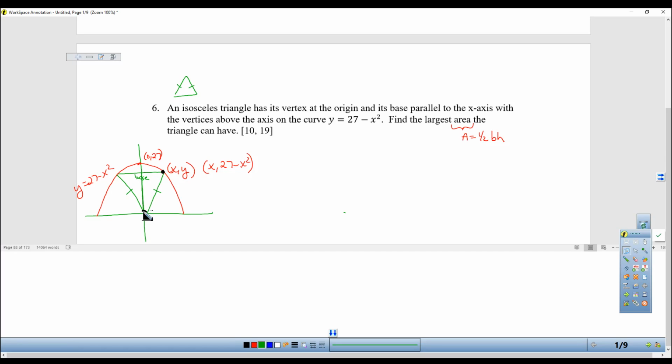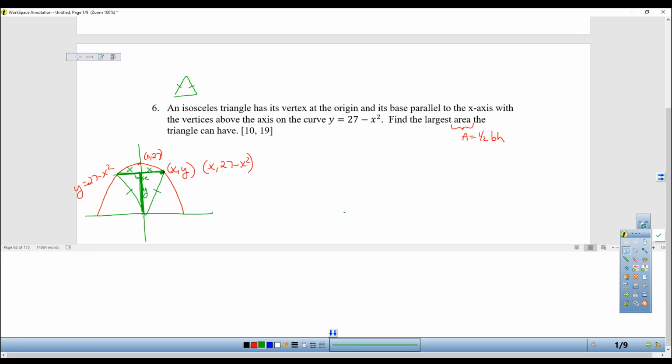But look at that height. What does it correspond with? That height is the y value. And this base is twice the x value, because that distance from here to here is x, and that height from here to here is y.